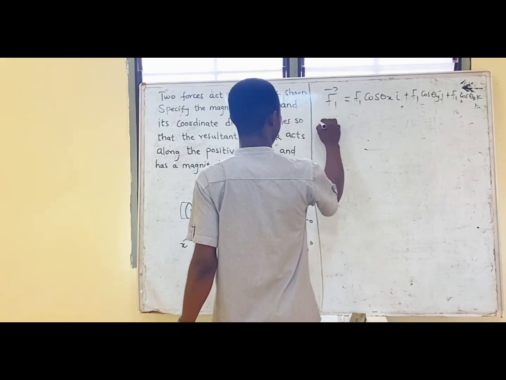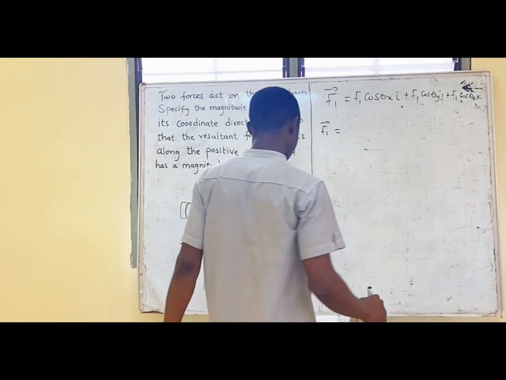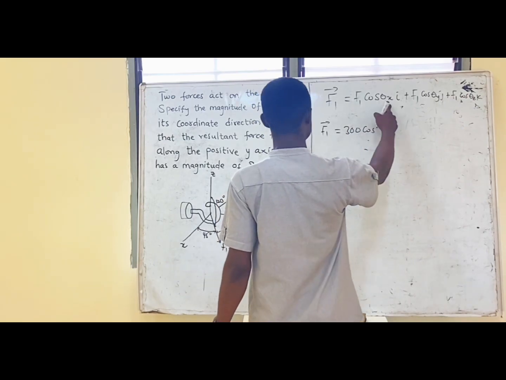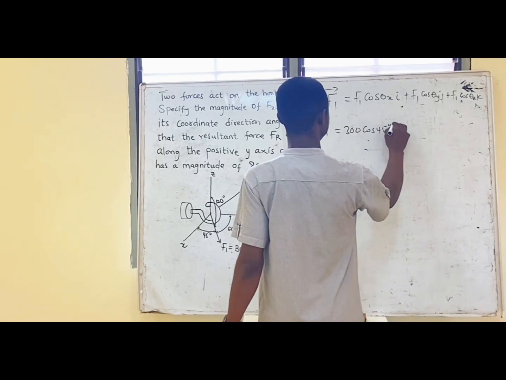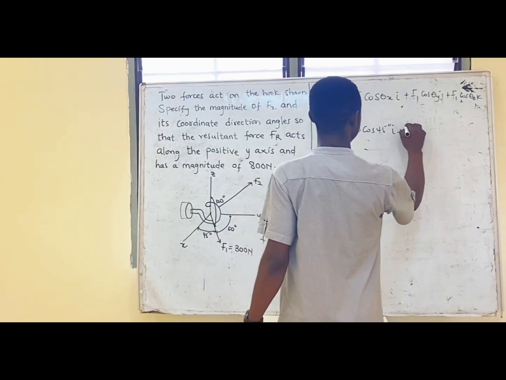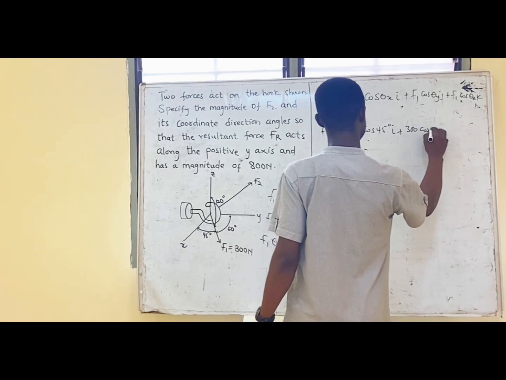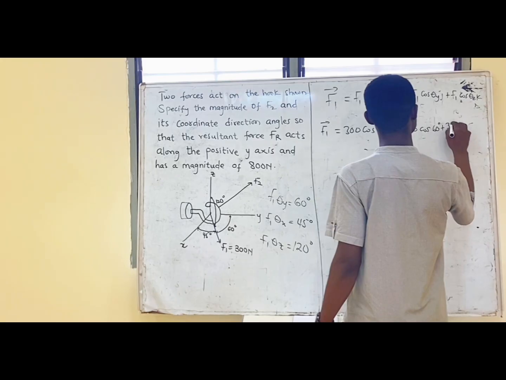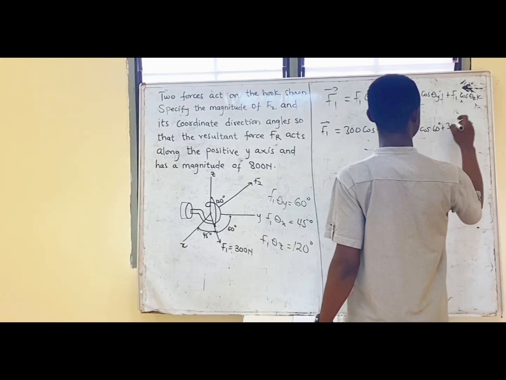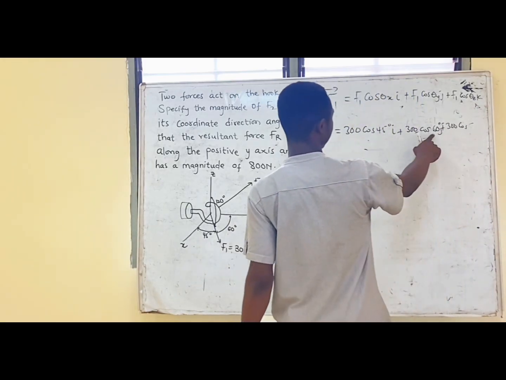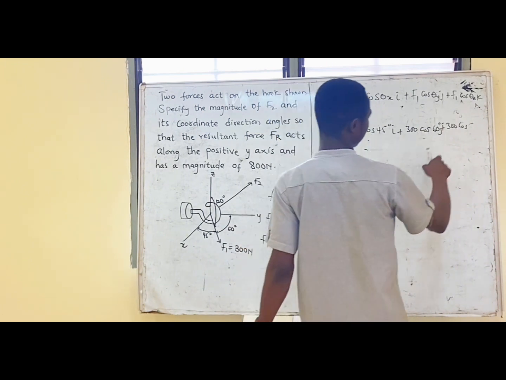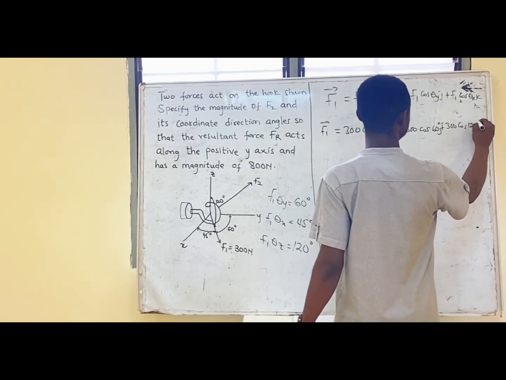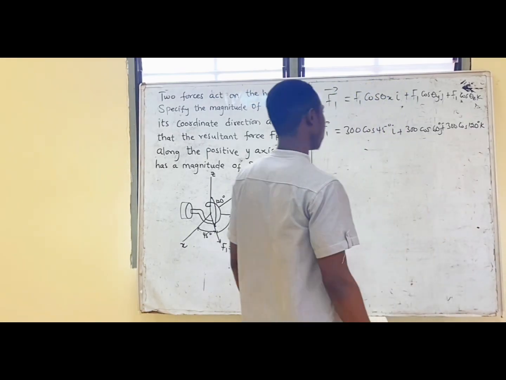Now F1 bar equals our F1, which is 300 cos our theta x, which is 45 degrees, then bring our i. Plus 300 cos our theta y, which is 60 degrees, with j for the y, as we did i for x. Plus 300 cos our theta z, which is 120 degrees. Then you add your k.